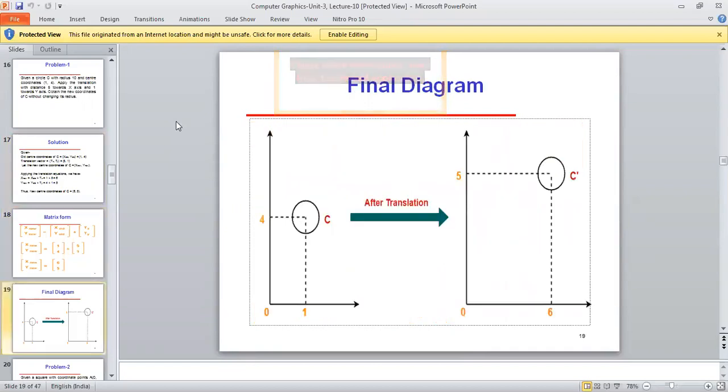And this is the final diagram for that. Now this is the circle. This is along the x-axis, this is the movement or translation. Along the y-axis, translation or movement. You have already calculated the final point, and now the image will come here.